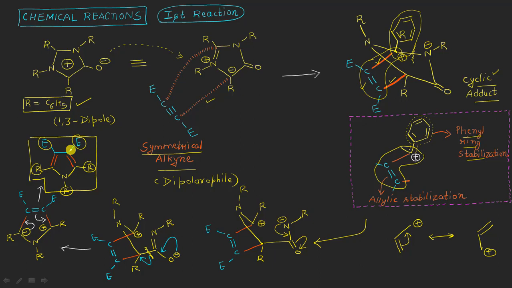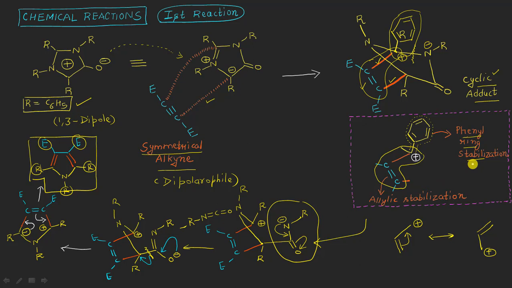But in this case, we have seen that the positive charge will be stabilized there, releasing the molecule of isocyanate. I mean, this isocyanate from here, let me write here, minus R single bond nitrogen, double bond C, double bond oxygen, right? And it is all happening because of these two stabilizations, the allylic one and the phenyl ring stabilization.